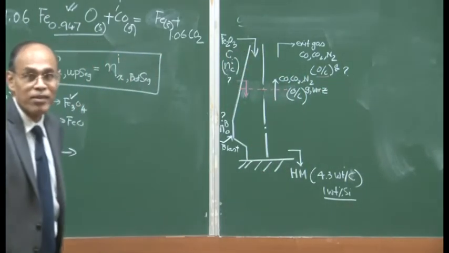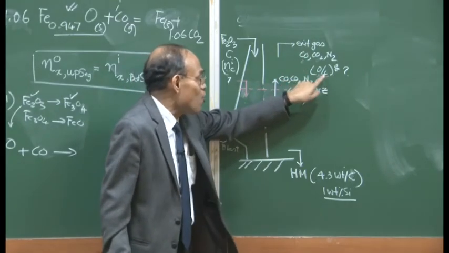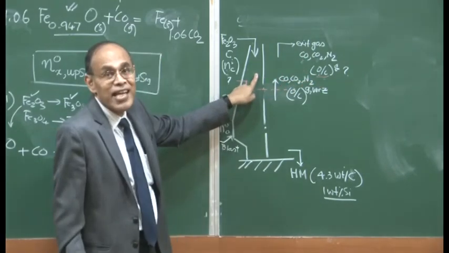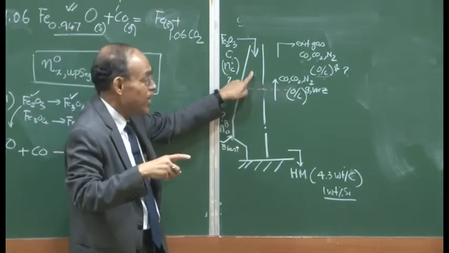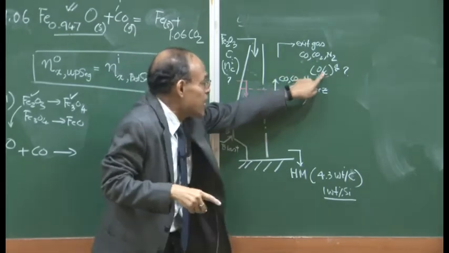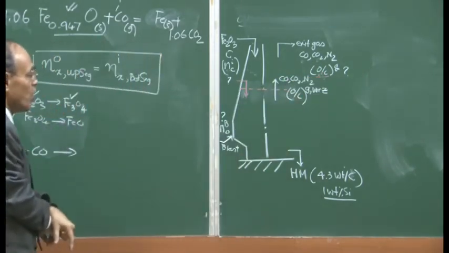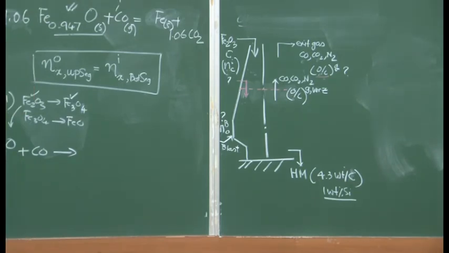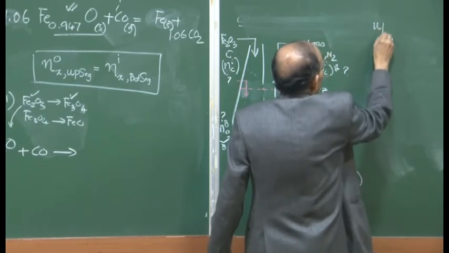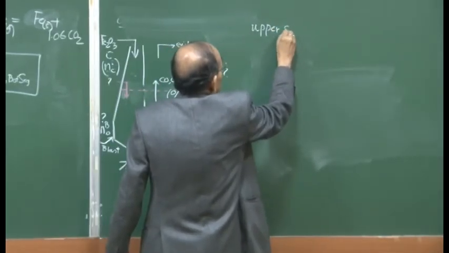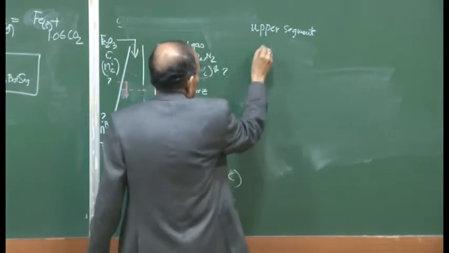That is going to be different, because the proportion of carbon monoxide and carbon dioxide determines the O by C, and because the reduction reaction is taking place, the proportions of carbon monoxide and carbon dioxide are changing here, and as a result this value cannot be the same as this value. We will see what this value is in a minute. So, therefore, the upper segment and bottom segment parameters differ.